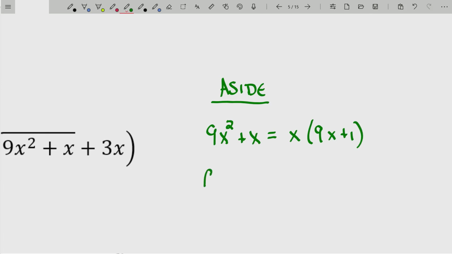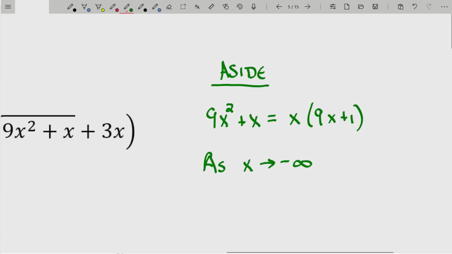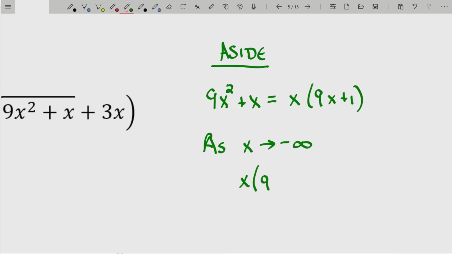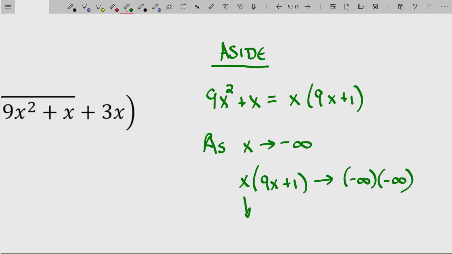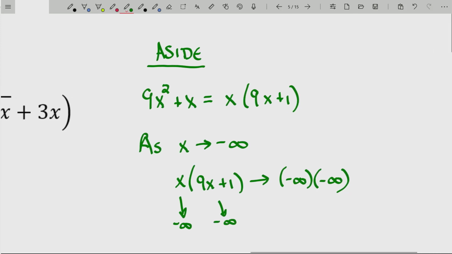And if you allow x to go to negative infinity, x times 9x plus 1 approaches negative infinity times negative infinity, right? This is approaching negative infinity, and 9 times negative infinity, well, still negative infinite. If you add 1 to that, it doesn't suddenly become positive. It's still negative infinite. And so there you go.